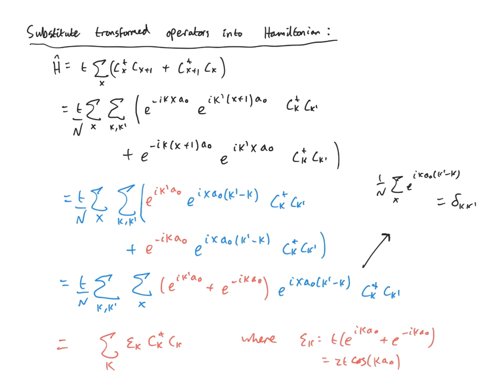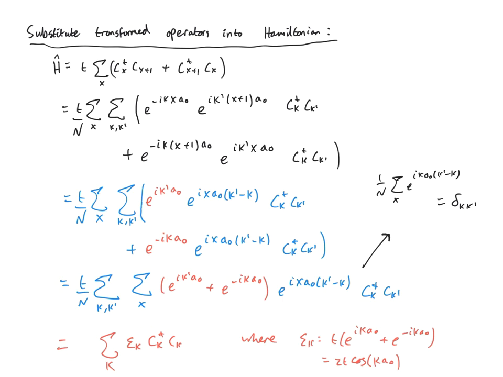And that collapses the double sum here to just a single sum over k. It sets k primed in here to k, which is what we see in this expression. This piece drops out, and then the operators become diagonal. This is c_k dagger and c_k itself. So this whole thing has indeed diagonalized our Hamiltonian.